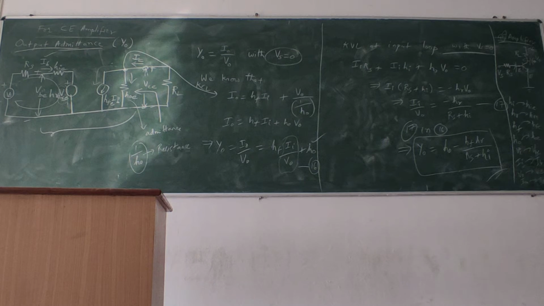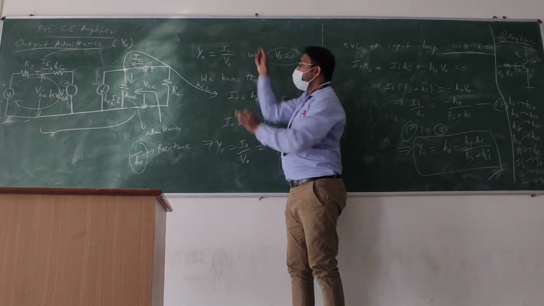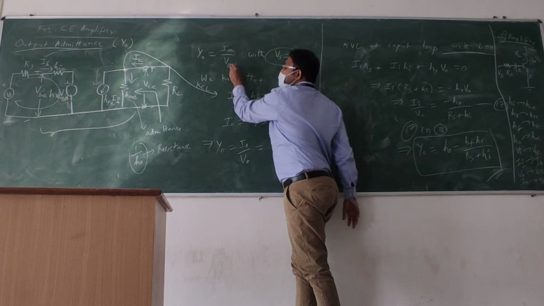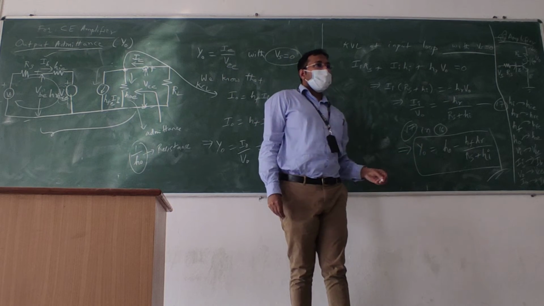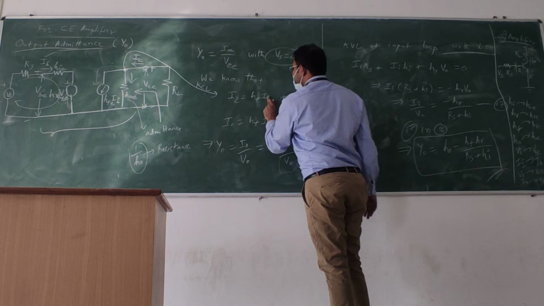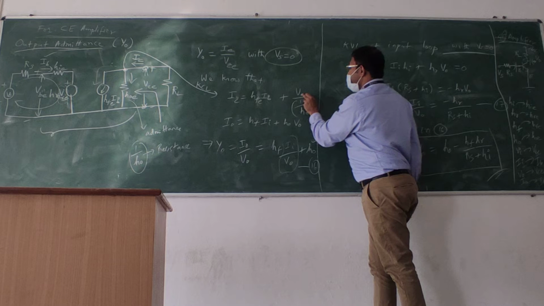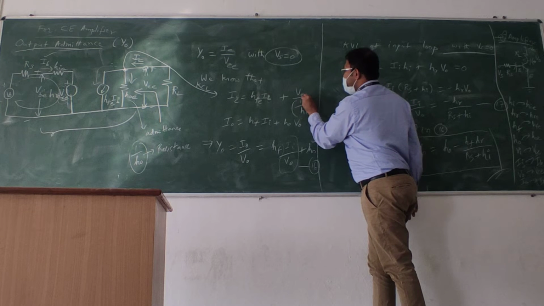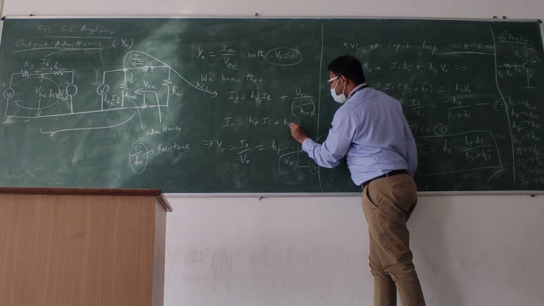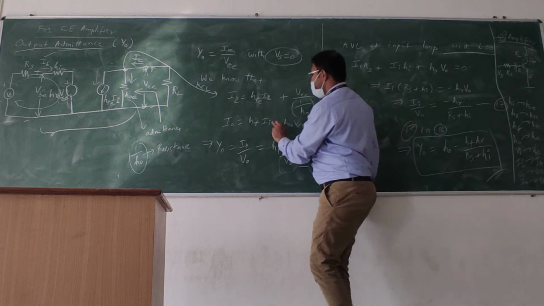So how will this step change? This will change to IC by VCE. Clear? VS 0. Then this is IC, HFE, IB. V0 now becomes VCE. H0 becomes HOE. So this is HOE, VCE. Okay?